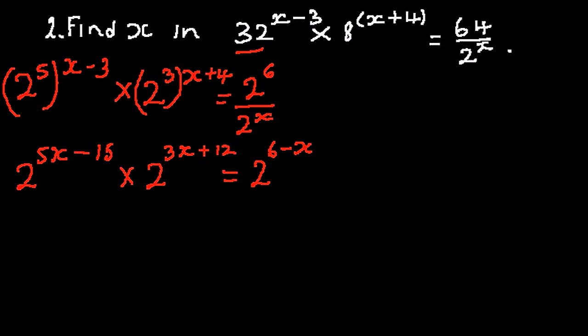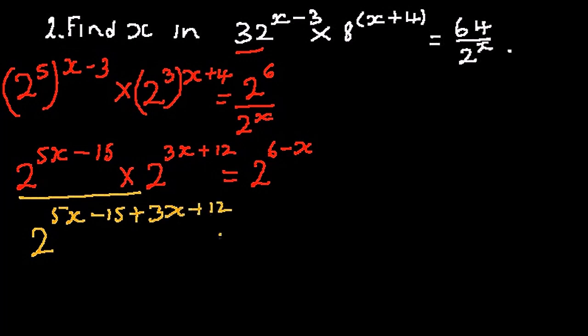From there we apply the first row of indices to the left hand side, so this side. So we have 2, we add the indices, so it is 5x minus 15 plus 3x plus 12 is equal to 2 raised to power 6 minus x.